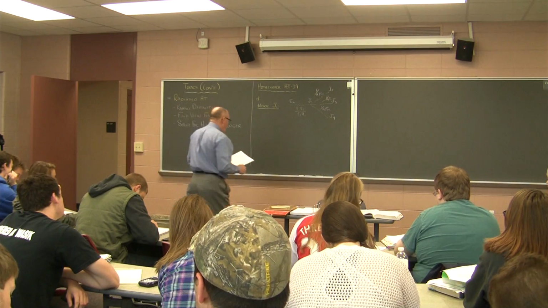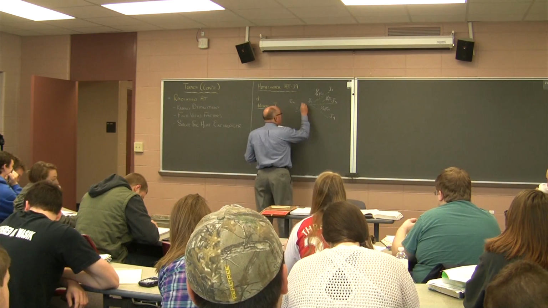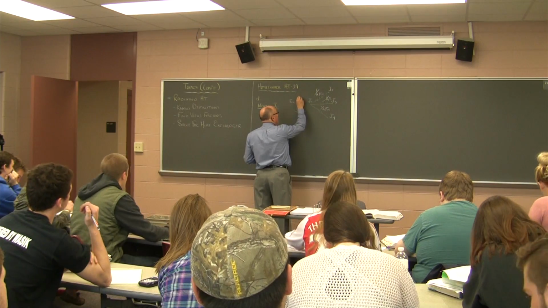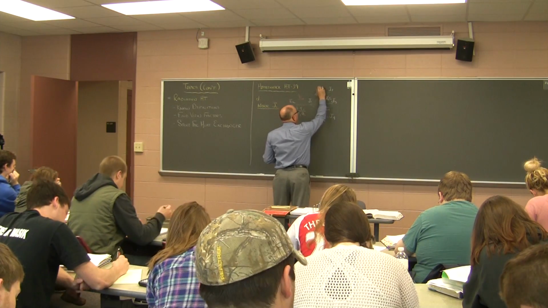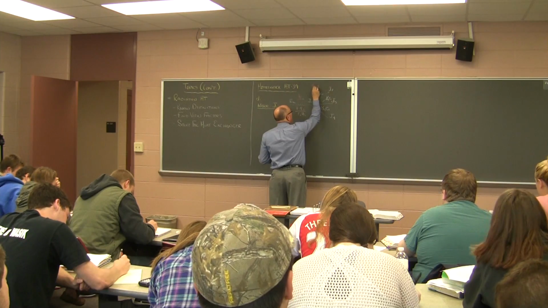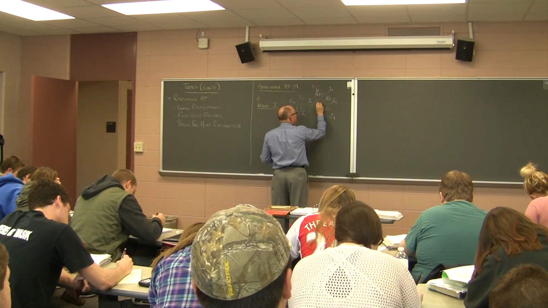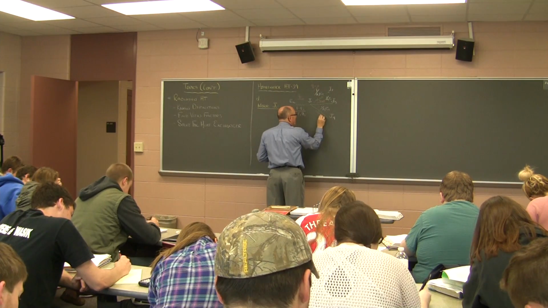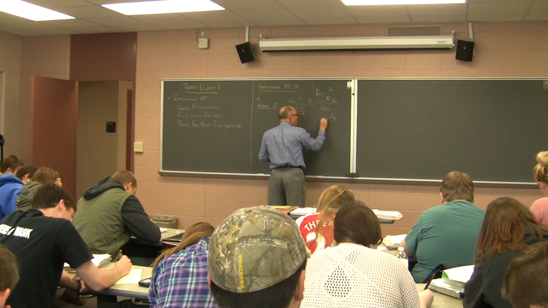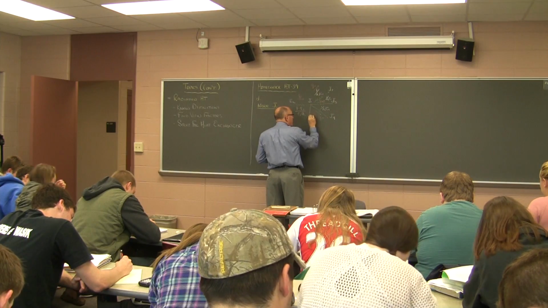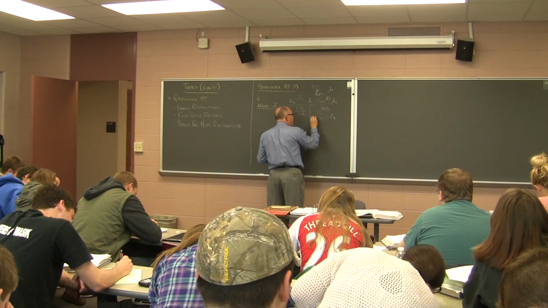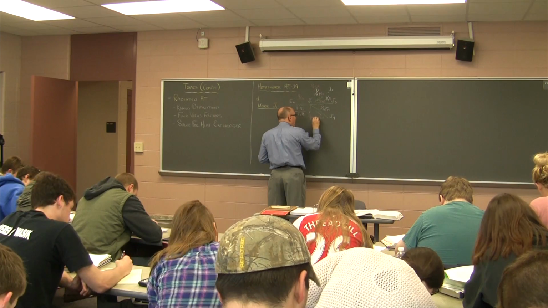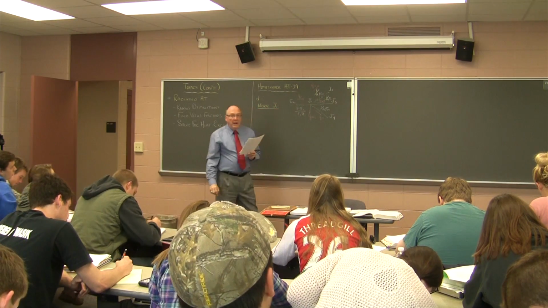So I've got Q1 to 2, Q1 to 3, and Q1 to 4. And we also know that there is Q convection out. Anything else?